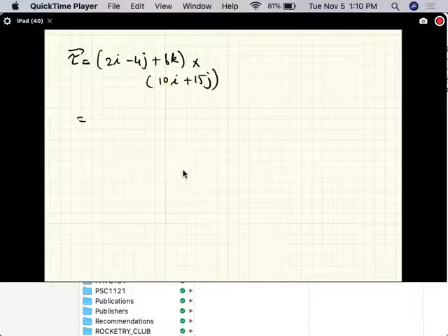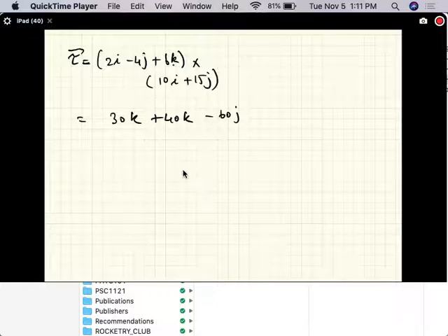I cross i is 0, i cross j is k, and so 2 times 15 is 30k. That's the first term. I'm just distributing it. Minus 4j cross 10i: j cross i is minus k, so that's plus 40k. And then j cross j is 0. And then k cross i is j, so that's 60j.